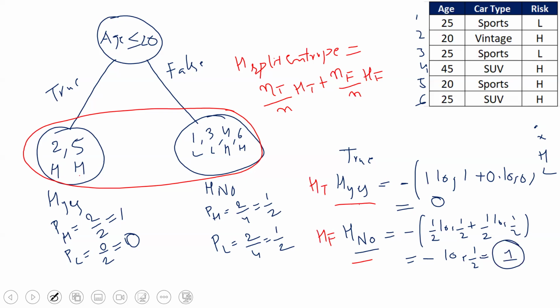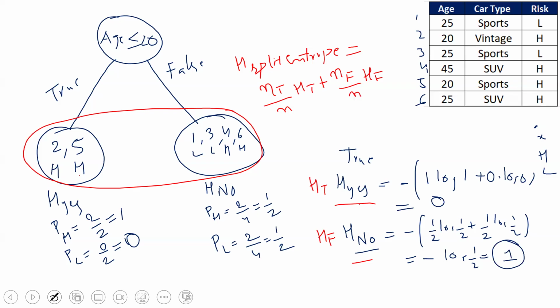This is called the weighted entropy. If we have equal entropies on both sides, we can just average them: entropy 1 plus entropy 2 by 2. As the number of records is not equal, we take a weighted average: the number of records on one side by total records plus the number of records on the other side by total records.